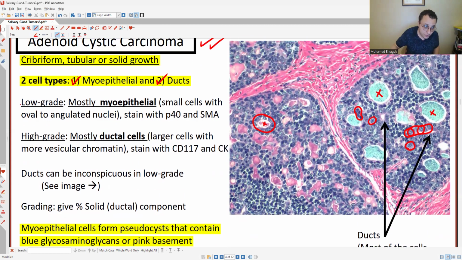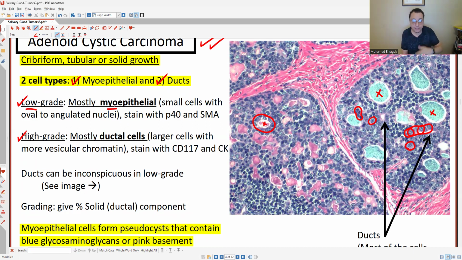This tumor has 2 grades, low grade and high grade, which depend on which cell constitutes the predominant cell in the tumor. In the low grade, myoepithelial cells are predominant. That's why you say low myo: low grade, myoepithelial cells.